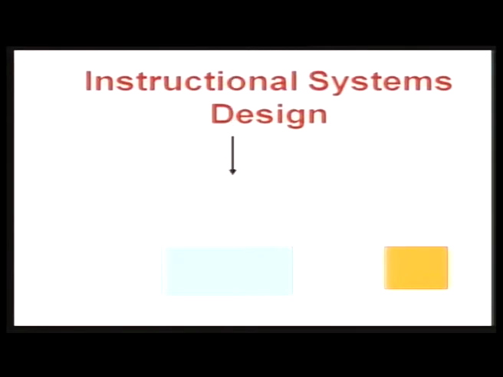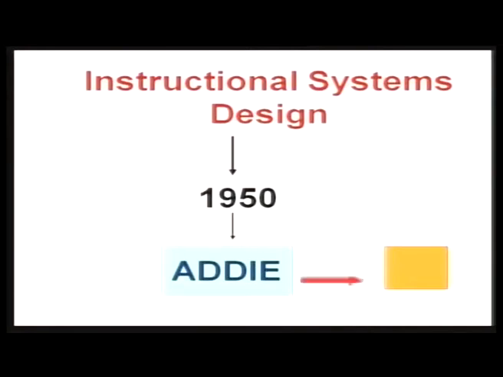If we ask how it came about, instructional system design came a long time back, in the 1950s. But the ADDIE model came into existence in 1975, when the US Army wanted to train their people for quality and efficiency.